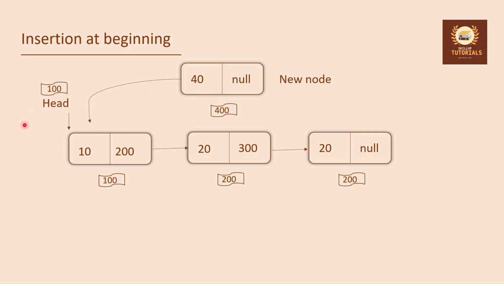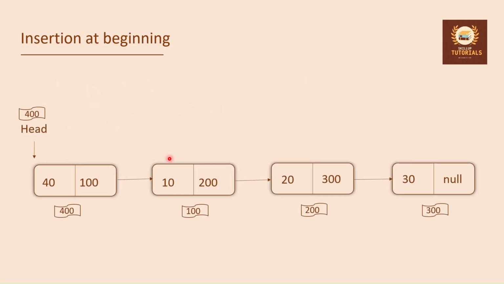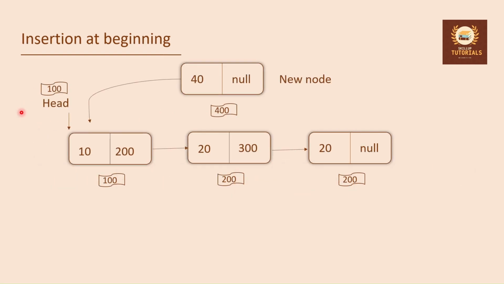What if I want to insert it here, means this null value should be 100. So what you need to do is new node next equal to head value. After doing that you need to update this also. This is how you can do.